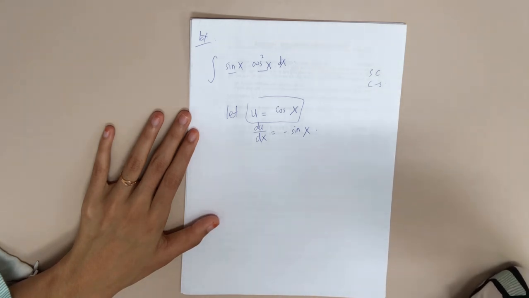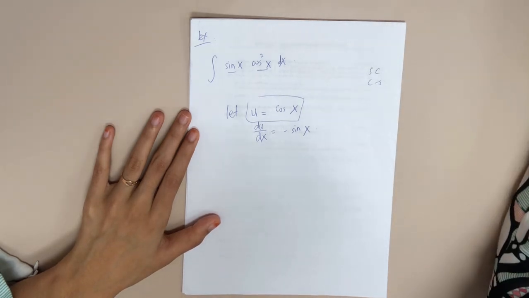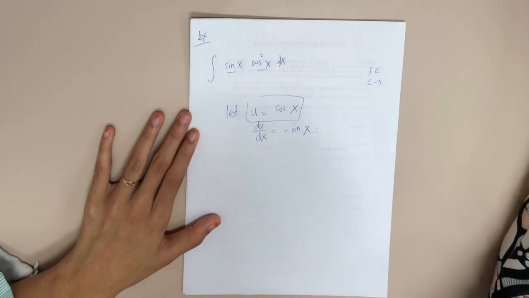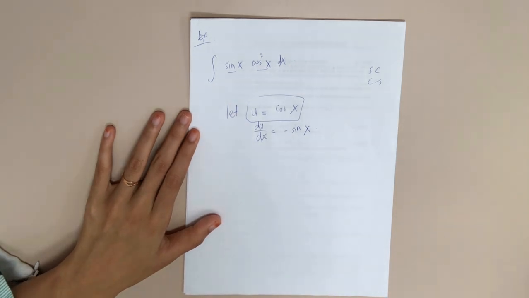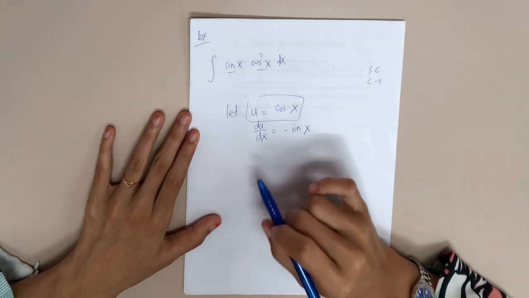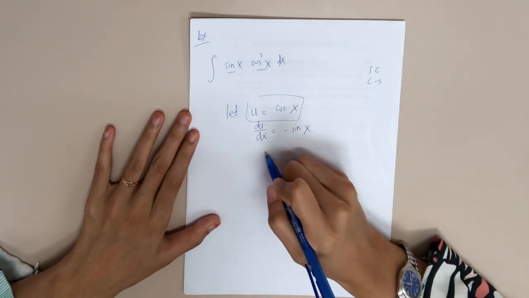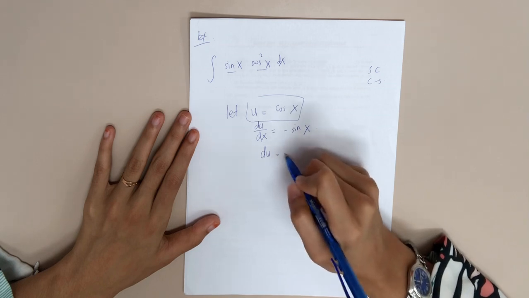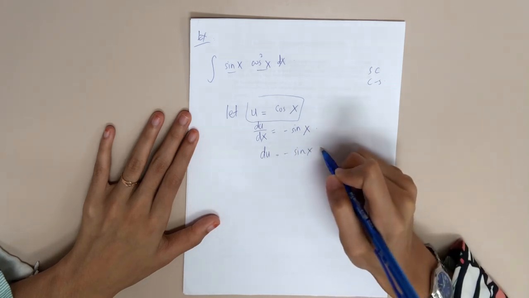Even though we are doing integration now, when you differentiate cos, you will get negative sin x. So what we do next is bring the dx up. You bring this dx, so that you have du equal to negative sin x dx.